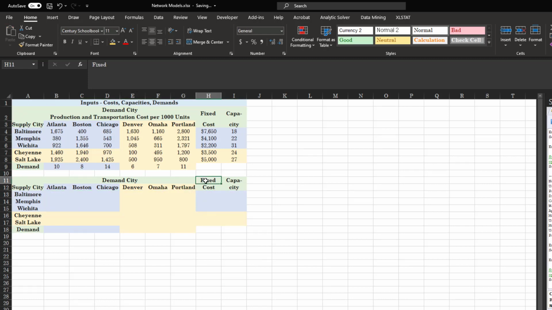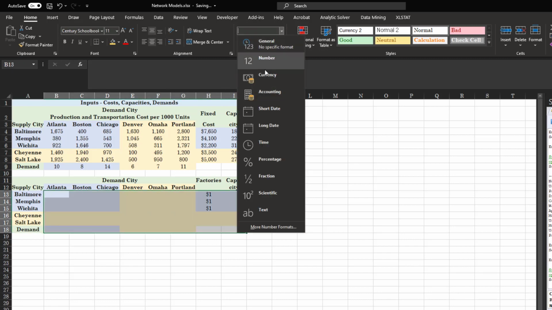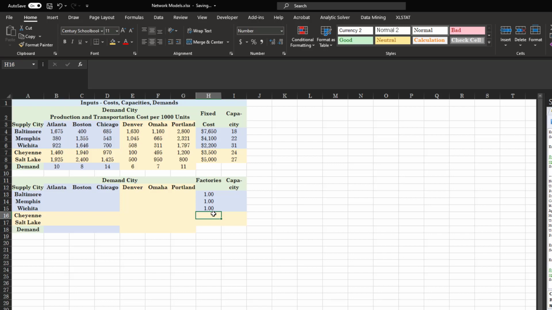We know that in this particular case, the factories which are there are available here. Let's just remove all the currency and make them numbers here. And these are 0, right? These are not available automatically, okay? So for the capacity in Cheyenne, if you look at actual supply sent out, and then we can talk about actual capacity.